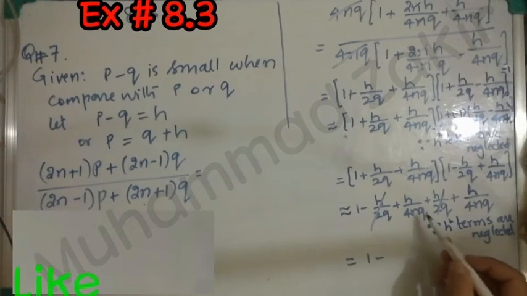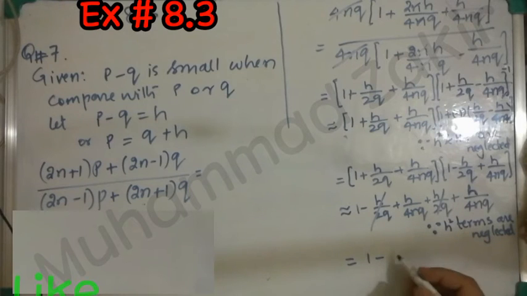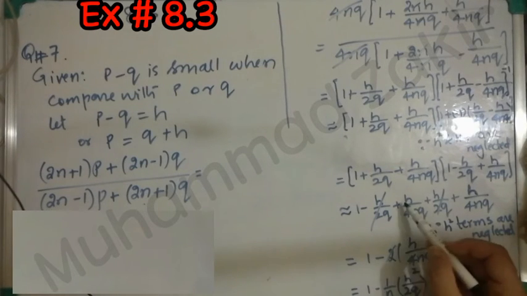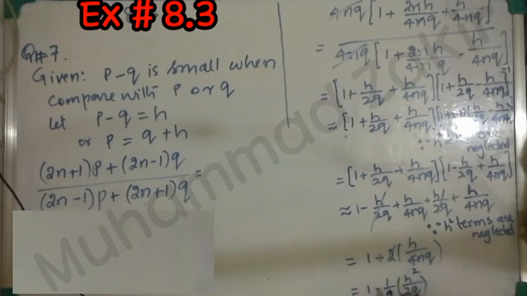This is equal to 1 minus, we can see h by 4nq and h by 4nq. These are 2 times h by 4nq. This 2 cancels, it becomes h by 2q, and now we rewrite it in a different form. How? 1 minus, we write 1 by n in the beginning and h by 2q here. Then we consider it 1 plus nx. We can see that these two are positive, so this will be a positive sign.